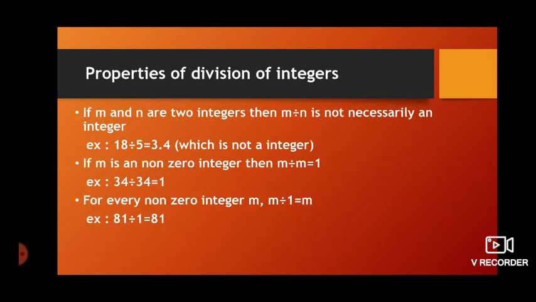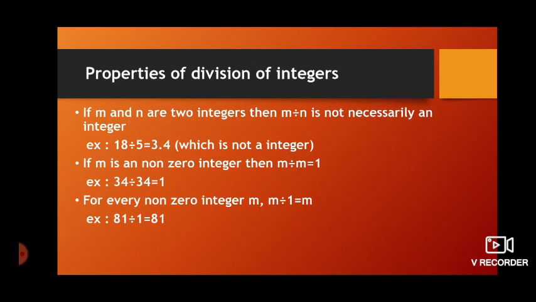Okay. Now we will see some properties of division of integers. First one: if m and n are two integers, then m divided by n is not necessarily an integer. What it is trying to say is, if we take any two integers and add them, we will get an integer again. If we multiply any two integers, again we will get an integer only.